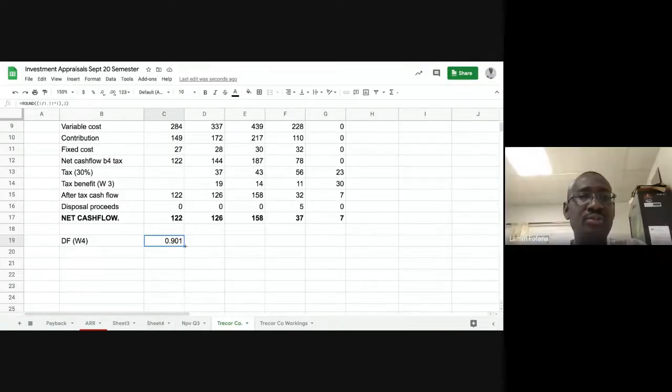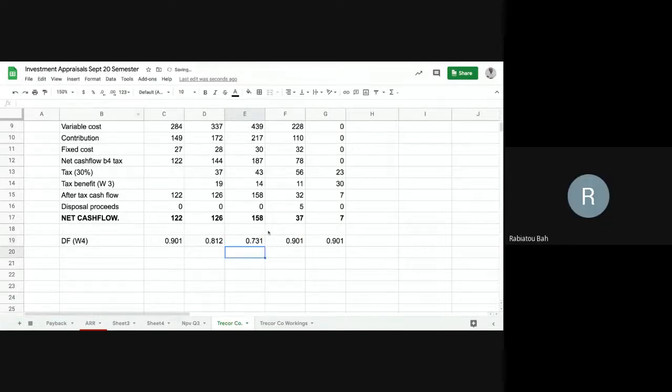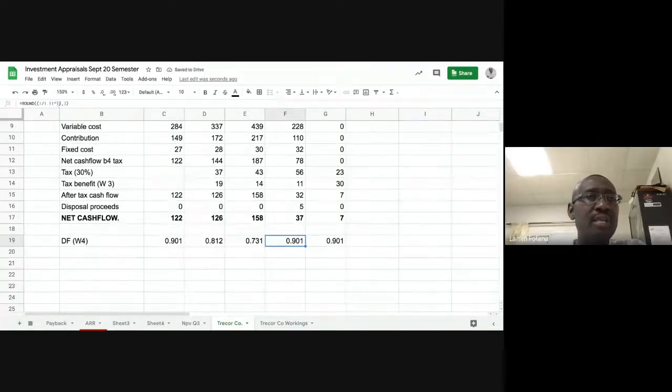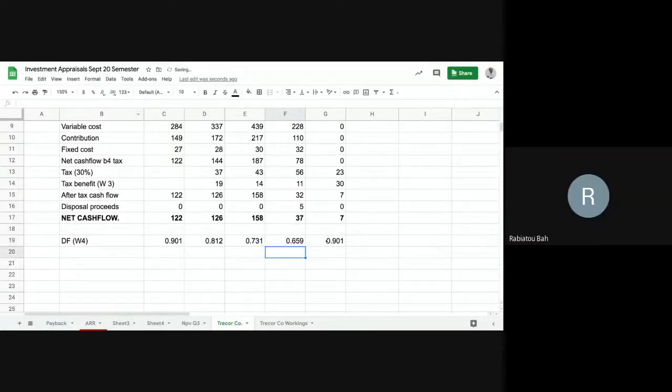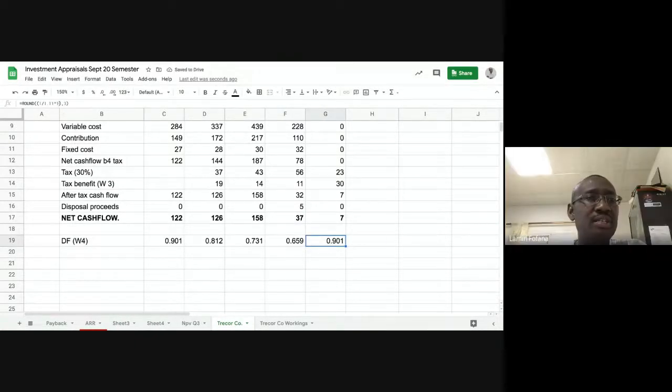We just duplicate this like we've been doing, and then change it. For year 2, we change it to raised to power 2. For year 3, power 3. For year 4, power 4. And for year 5, power 5.